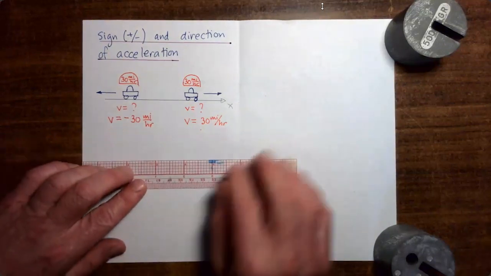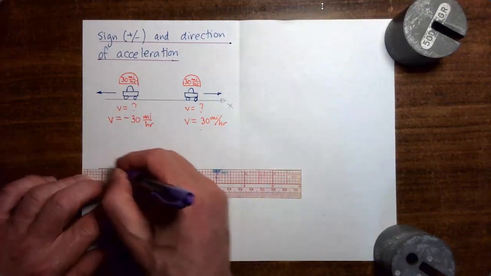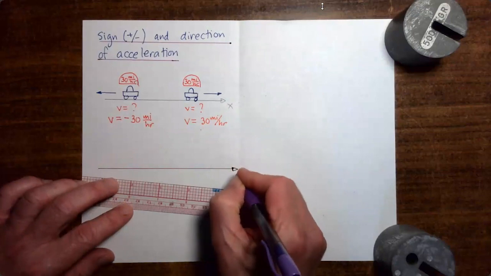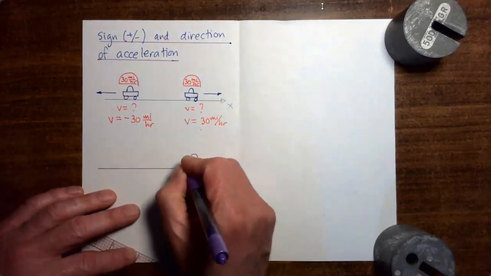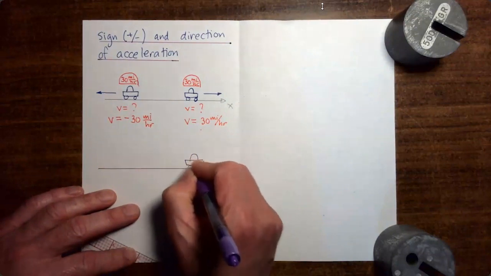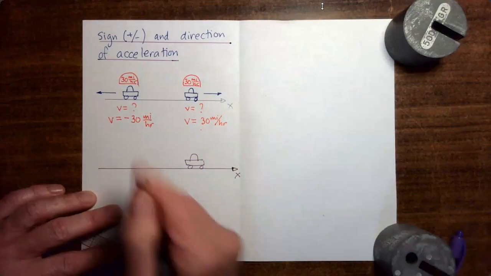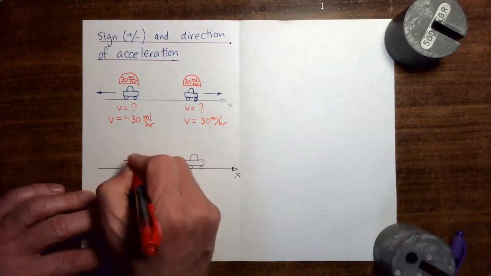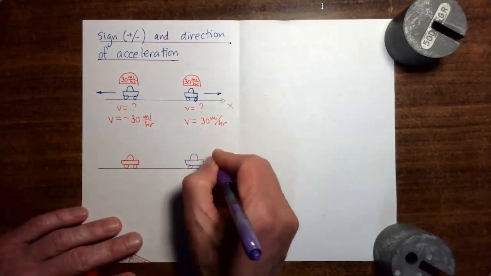Now, the same idea applies for the acceleration. So let's say that again, we put our plus x direction to the right. And let's say we have two cars again. So this time I'll use different colors. Let's say we have a purple car here and a red car here. And let's say that our purple car is accelerating to the right.